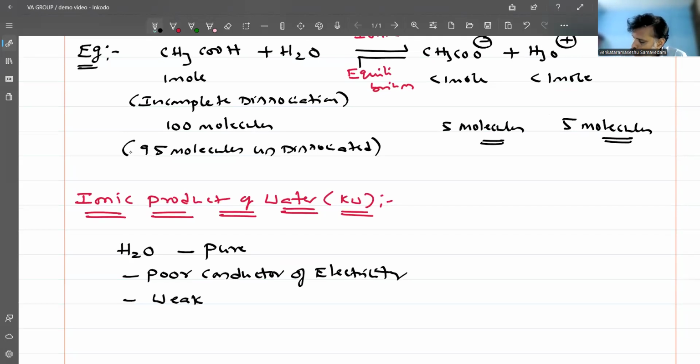Therefore, it can act as a weak electrolyte. That means there exists incomplete dissociation.